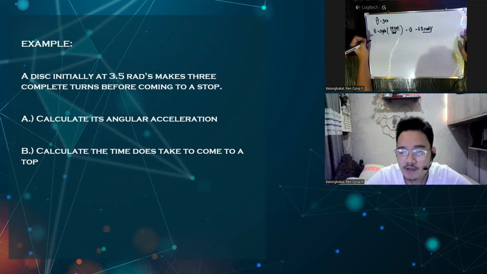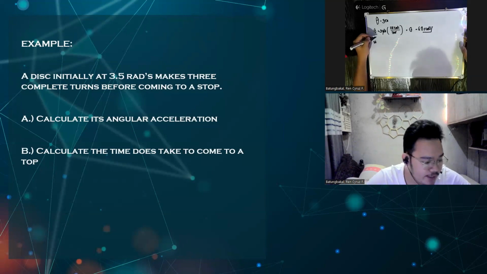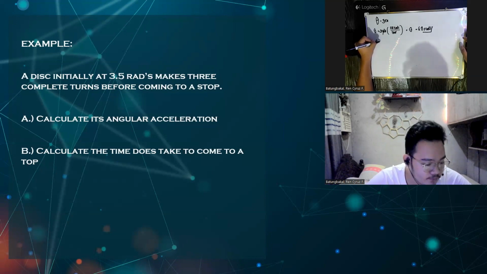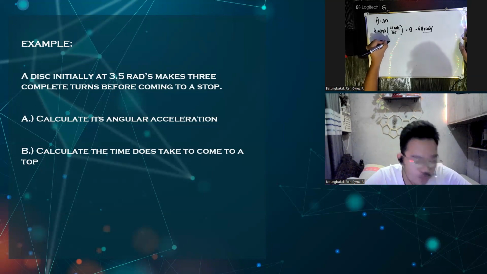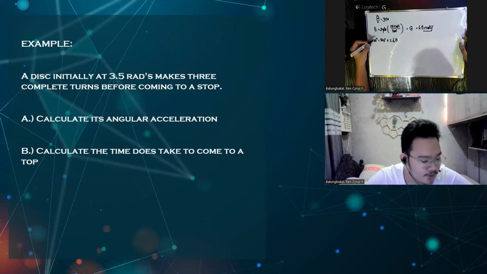And to calculate for the angular acceleration, gagamitin natin yung fifth equation, which is ito. Ang ating final angular velocity squared is equal to initial angular velocity squared plus 2 times angular acceleration times theta. So, pag inayos natin siya, ito na siya.